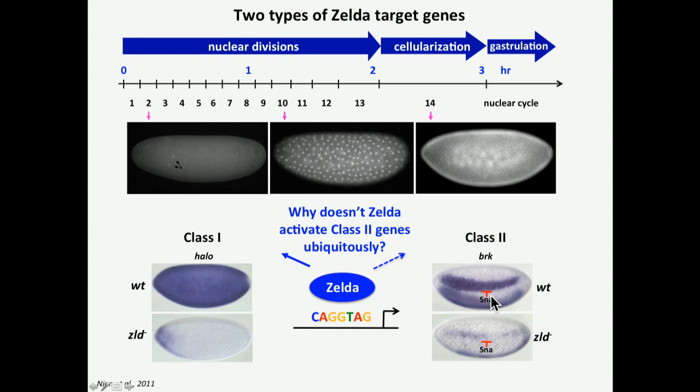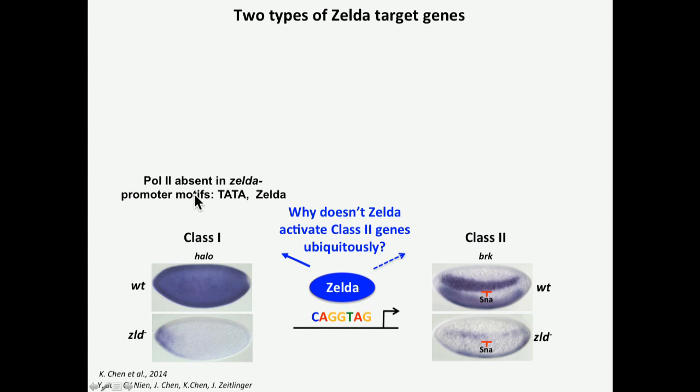But I think there's a little bit more to this, and that comes from observations made by Kai Chen and Julia Zeitlinger, and also some experiments we did together, of certain features of these classes of genes. For example, we know that when we do Pol2 ChIP at these genes, Pol2 is absent in Zelda minus.